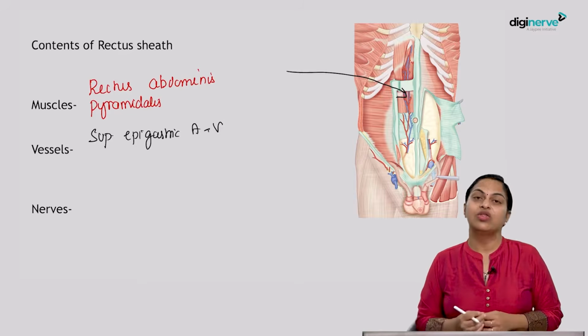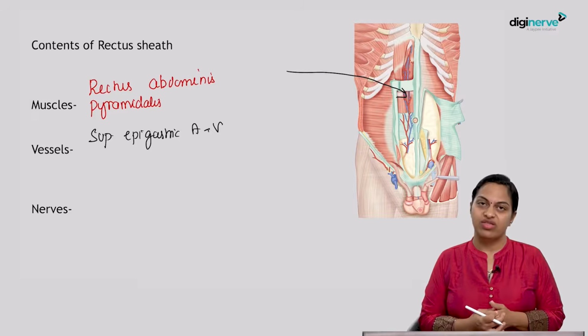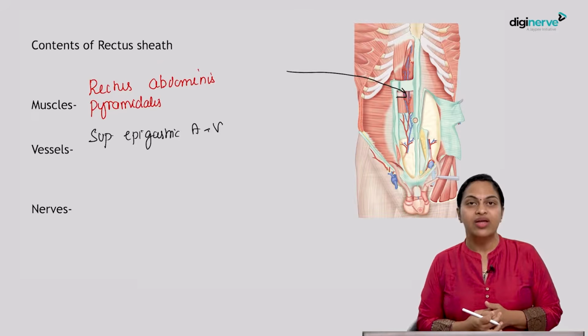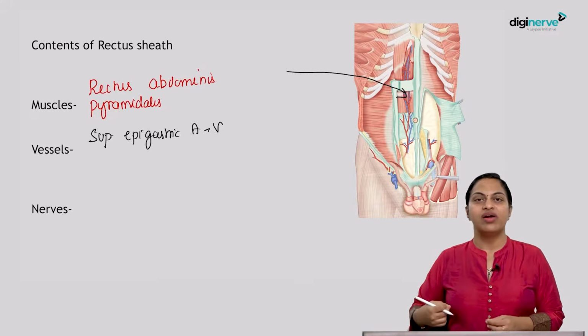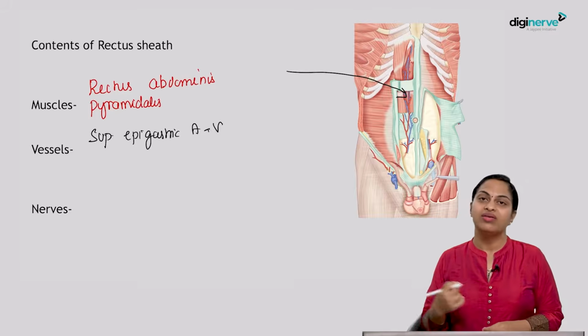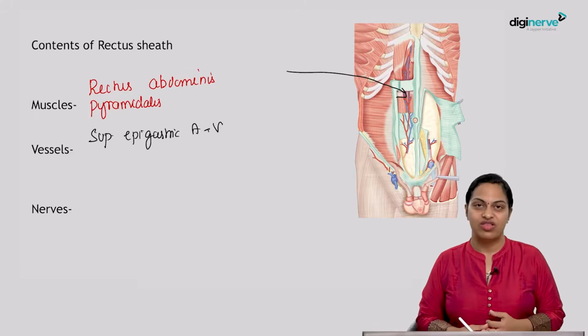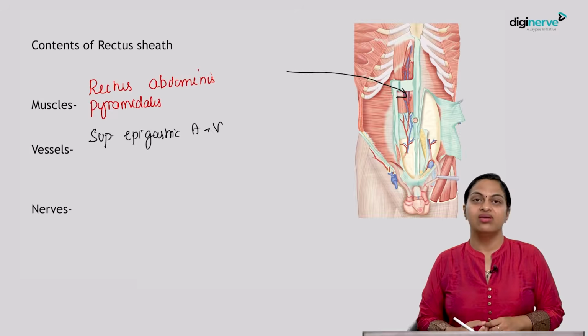The internal thoracic artery at the level of the sixth intercostal space will terminate into the musculophrenic artery and superior epigastric artery. This internal thoracic artery will give rise to anterior intercostal arteries, two in each space in the upper six intercostal spaces. The musculophrenic artery will give rise to anterior intercostal artery in the 7th, 8th and 9th space.